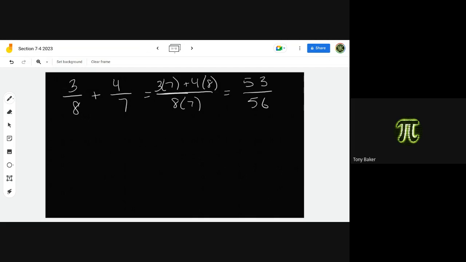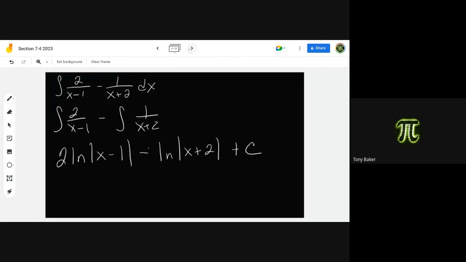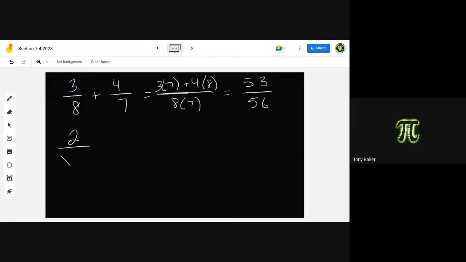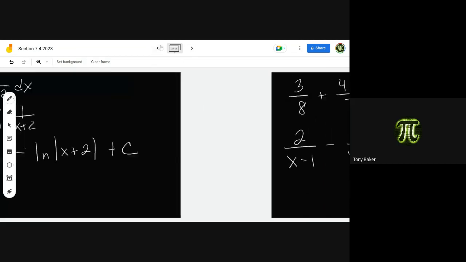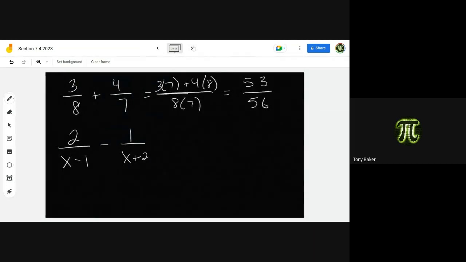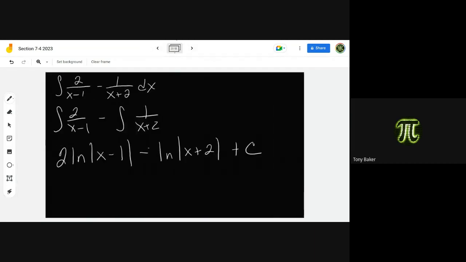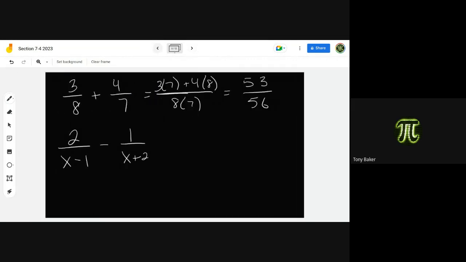All right. So let's look at the problem we just did a second ago. What's it? 2 over x minus 1, minus 1 over x plus 2, if I remember right. Yes. All right. How would I put that together? Yeah, same concept, right? 2 times x plus 2 minus 1 times x minus 1 over x minus 1 times x plus 2.